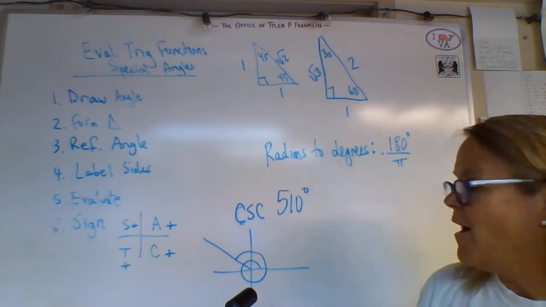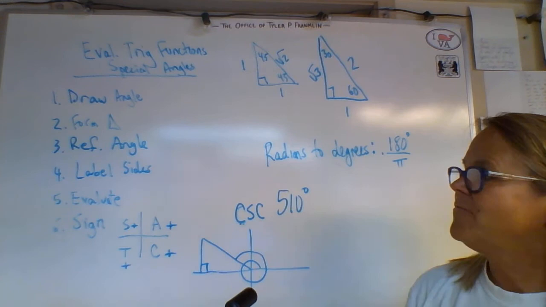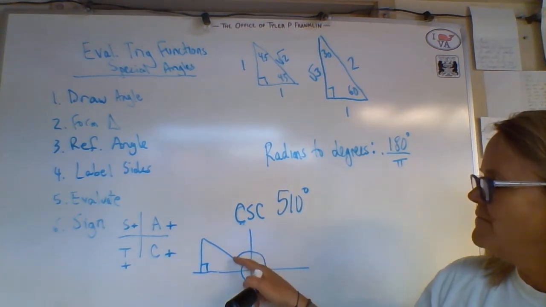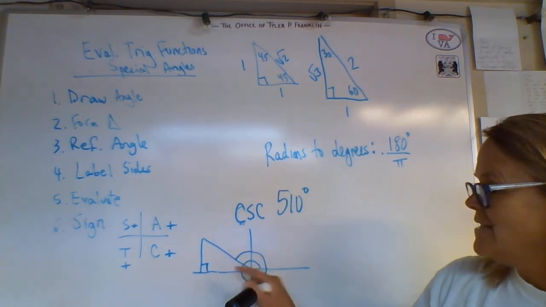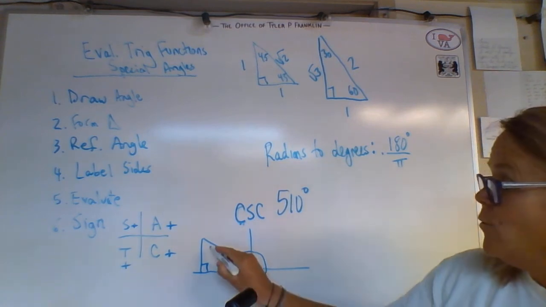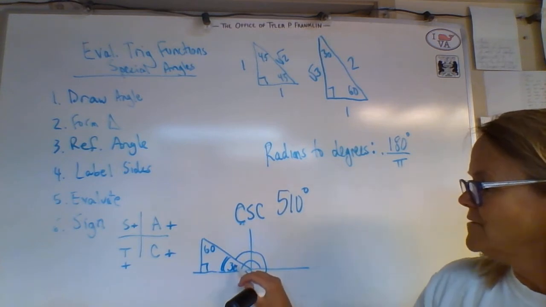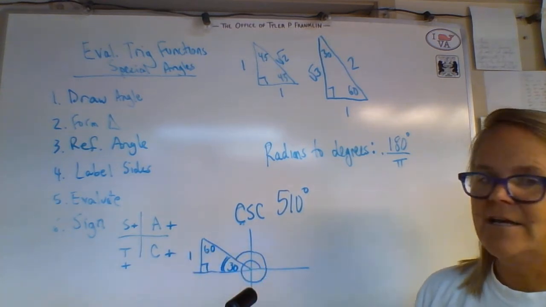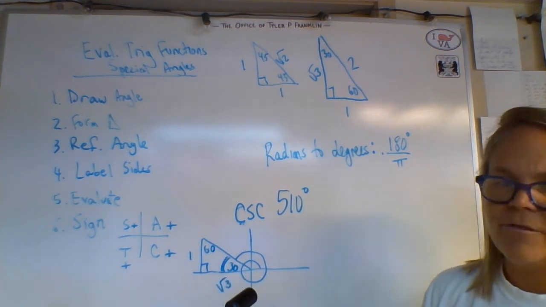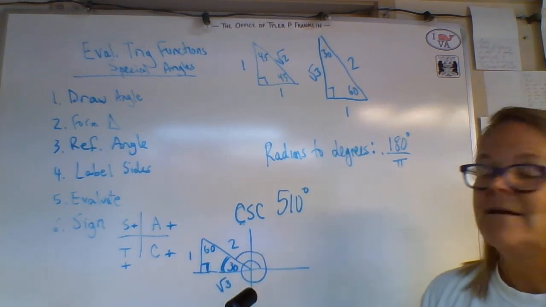So you form your triangle, connect to the x, reference angle. If that was 360, 450, 510, you did 60 more, you had 30 left, which means that would have to be 60. Label your sides. Across from a 30 is 1. Across from a 60 is square root of 3. Hypotenuse, which is across from your 90, is 2.